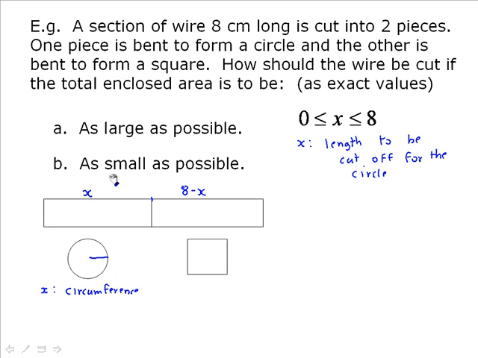Ultimately, we want the area, so I'm concerned principally with the radius of the circle. The circumference won't enter into the picture directly, because circumference is a different measure than area. But because the circumference is equal to 2 pi r, if we put the radius in terms of x, we would say that r is equal to x divided by 2 pi.